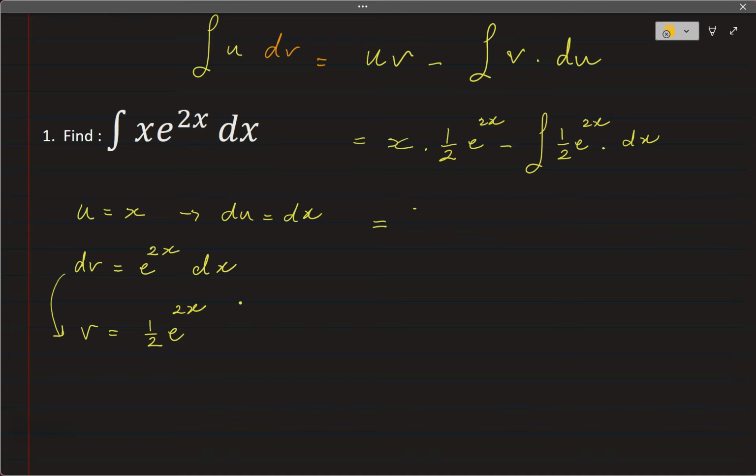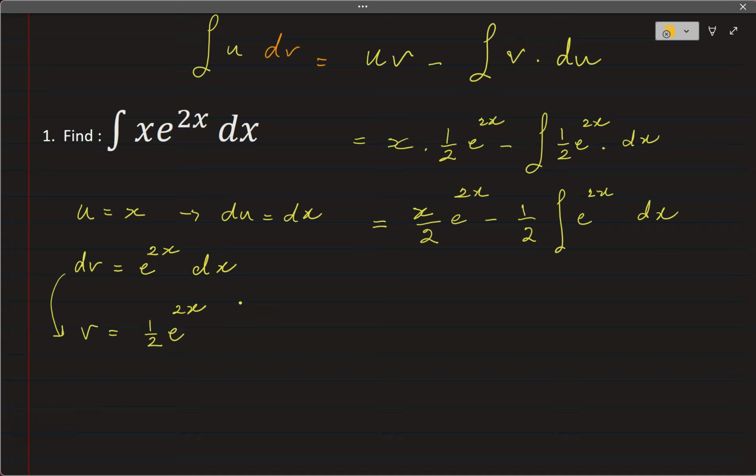We get x over 2 e to the 2x minus the integral of 1/2 e to the 2x. You can rewrite it by taking the 1/2 out: 1/2 times the integral of e to the 2x dx. You don't have to say multiplication, just dx.